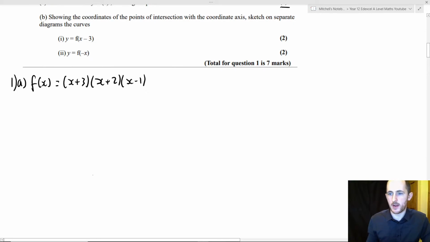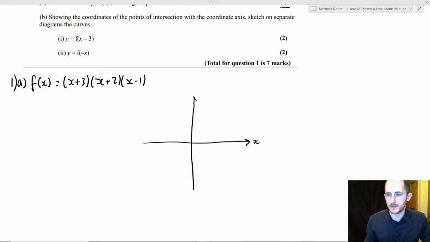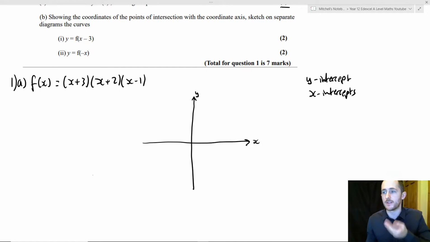So if for part A we're just sketching, let's draw. This is like this. Your marks come from the y-intercept and all of the x-intercepts. Okay? So this is actually going to be 4 coordinates for us, but you only get 3 marks, and you drop a mark for every single one that you don't get.